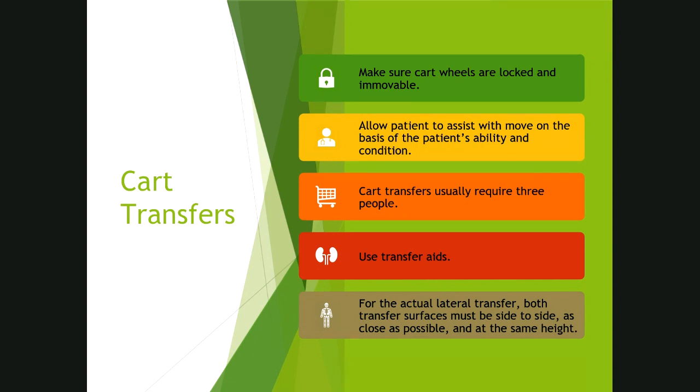So there are different things that we can utilize to help move that patient. Again, anything that has wheels, make sure the wheels are locked and that they do not move. Allow the patient to do as much of the move as they can. If they say that they can make it from the stretcher over to the table and they look like they can't, then let them do it. You just want to stand by and make sure that they're not going to fall in the process.